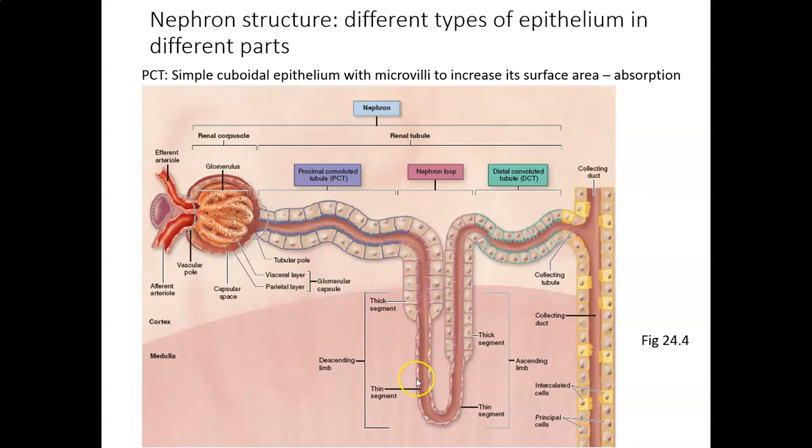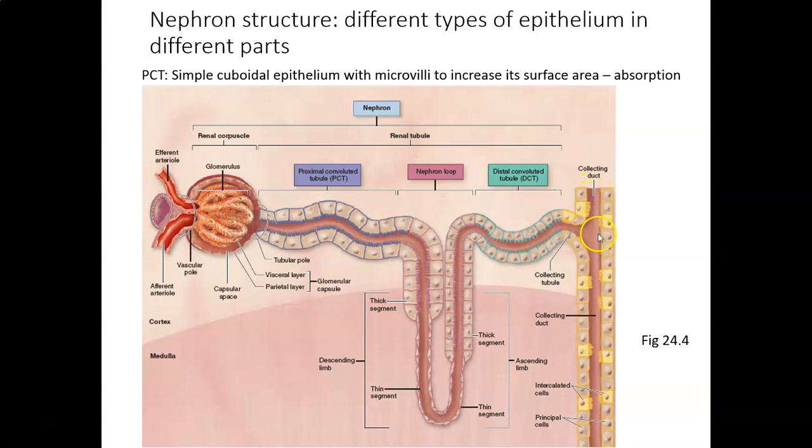For the nephron tube, you actually have segments called the thin segment, where the epithelial tissue is squamous epithelium, not cuboidal epithelium. The other segments are cuboidal. On the distal DCT, the microvilli become fewer, but there are still microvilli on those epithelial cells.